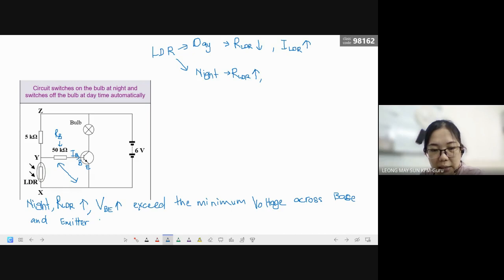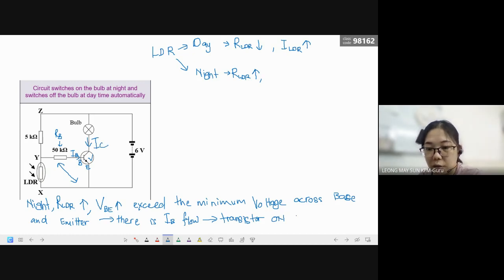So when it exceeds the minimum voltage across the base and the emitter, there is base current flow. When there's base current flow, the transistor will function. The transistor will switch on. When the transistor switches on, it means there is current flowing through the collector.